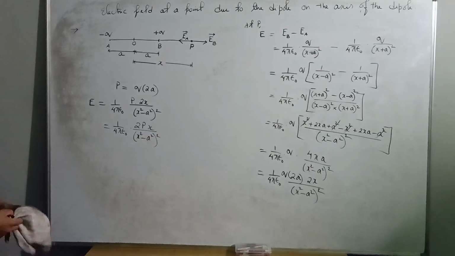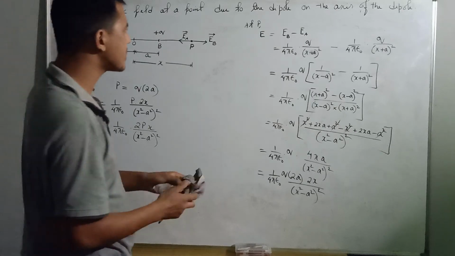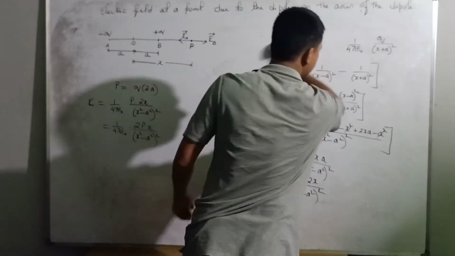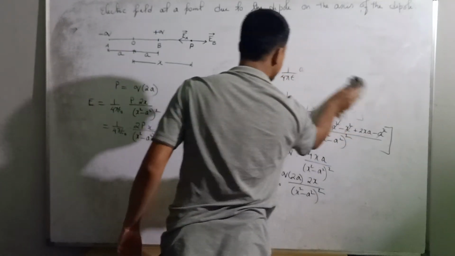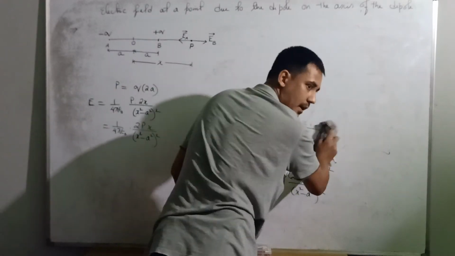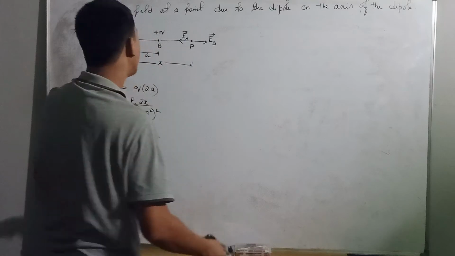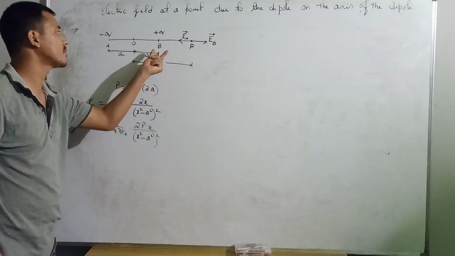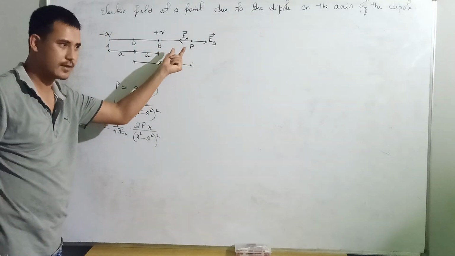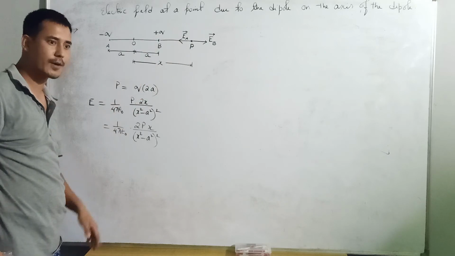Finish. Okay. There is a special case. We know that the length of the dipole is very small, nanometers. But this point P can be some centimeters or millimeters apart from the dipole.